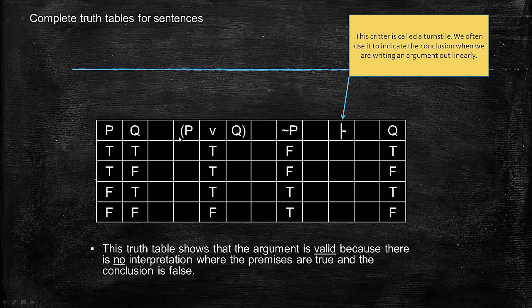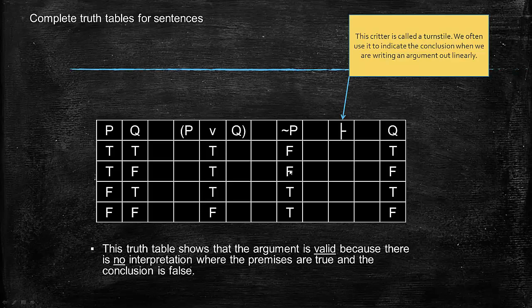So here we have, with P or Q both being true, we have true, right? True, false, true, true, and false, false, false. So this proposition is true, this proposition is false.